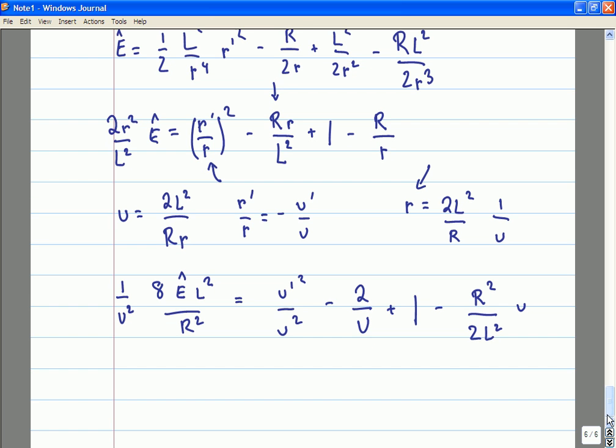We get U prime squared minus 2U plus U squared minus r squared over 2l squared times u cubed is equal to a constant.